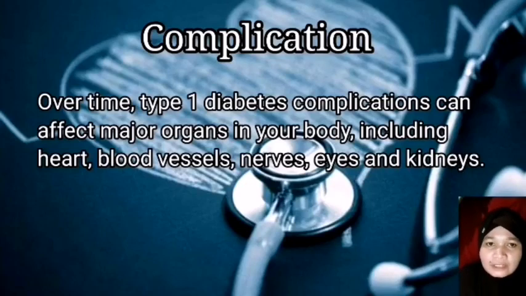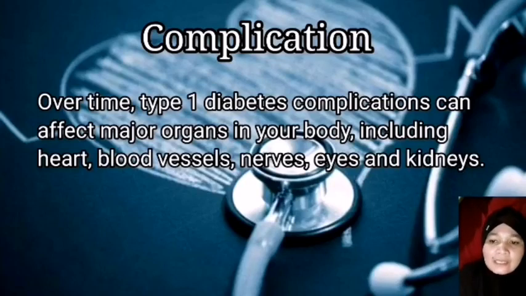So, for diagnosis of diabetes, diagnostic tests include glycated hemoglobin or A1C test, random blood sugar test, and fasting blood sugar test.